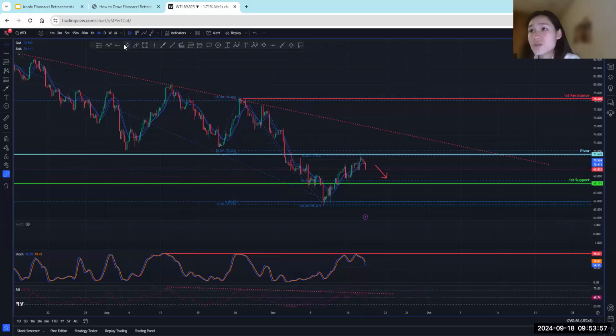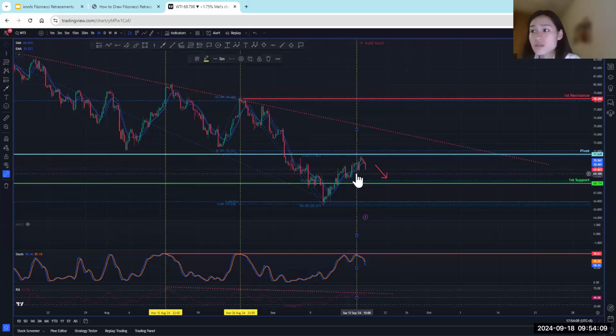If you were here for our divergence session, this is basically what a hidden resistance is. You can see prices making lower highs, but on our stochastic, you can see prices just testing this resistance level.